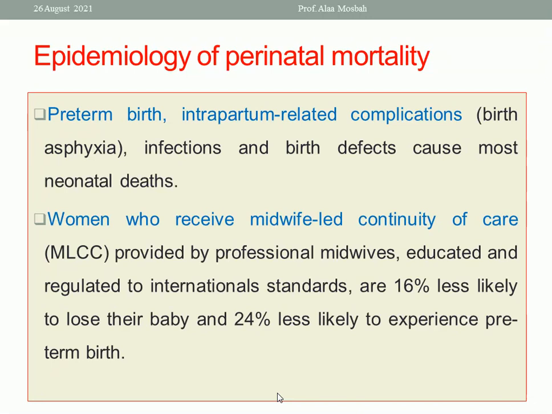Women who receive midwife-led continuity of care, provided by professional midwives educated and regulated to international standards, are 16% less likely to lose their baby and 24% less likely to experience preterm birth. This is noticed and reported by the WHO.